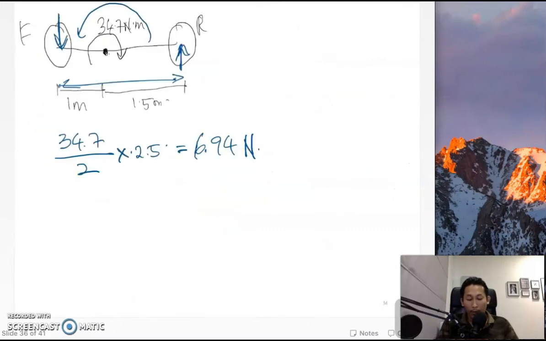Okay, then we need to consider the centrifugal force, and we need to calculate the centrifugal force.